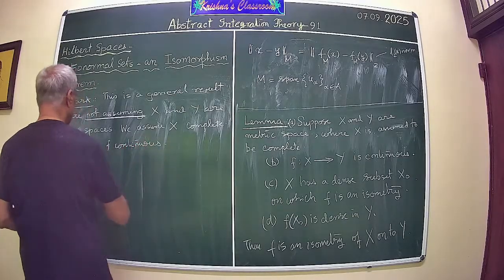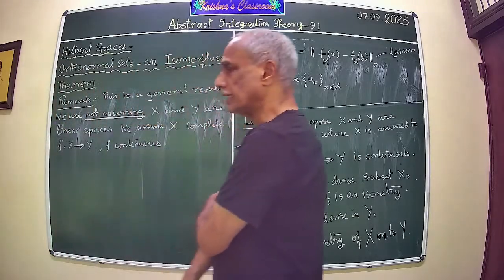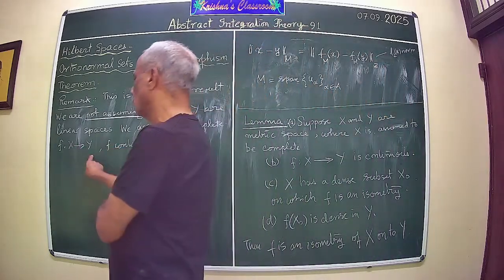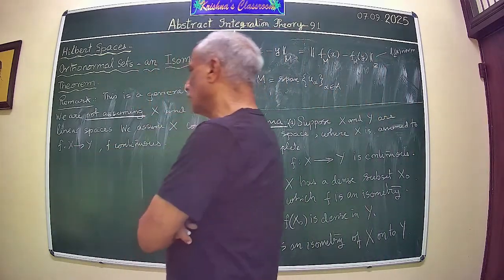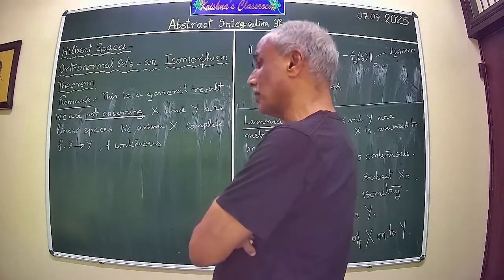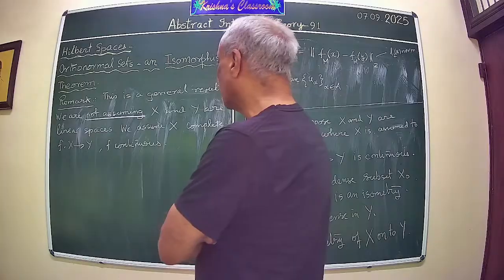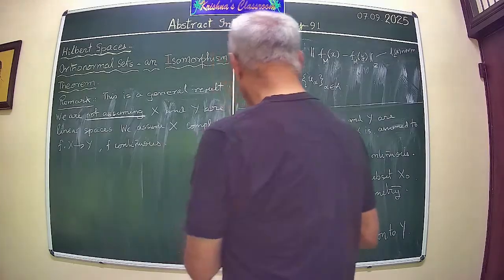You can easily see that there is a machinery to talk about continuity because X is a metric space and Y is a metric space. Therefore, you are talking about a map from X to Y which is assumed to be continuous. These are the assumptions that you have.